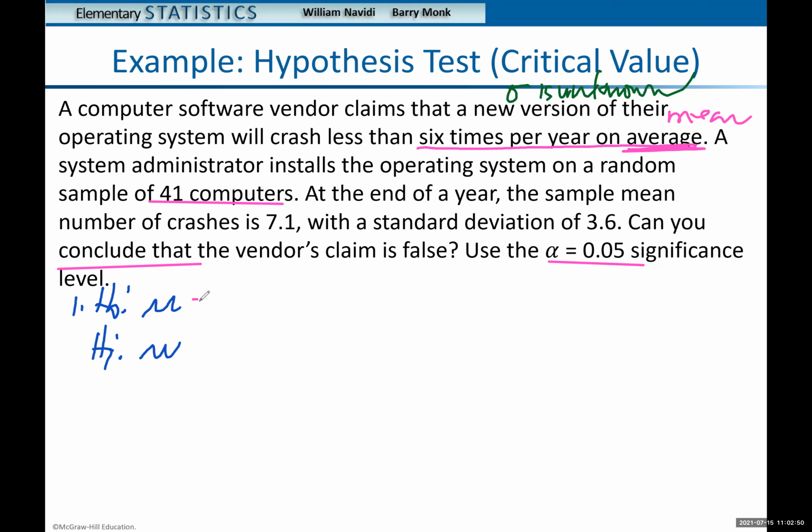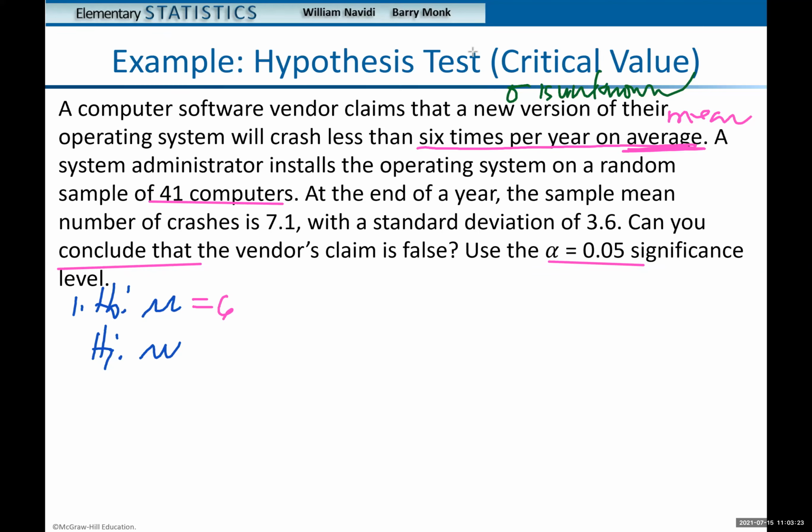So H0: mu equals 6, and H1 is... this is a little tricky. Mu does not equal 6, because it says the vendor's claim is false. It doesn't say greater than or equal. It would be less than 6. It says it in the beginning of the problem.